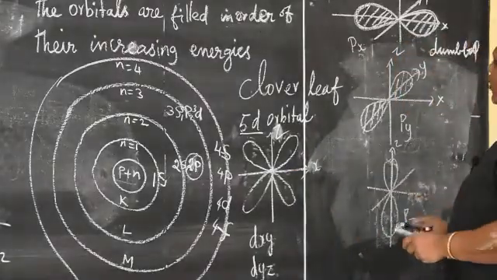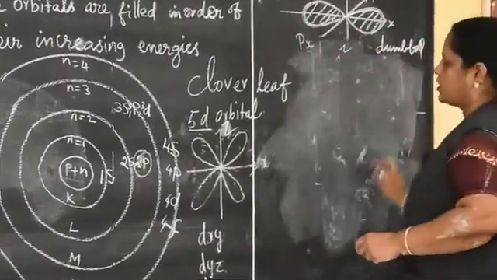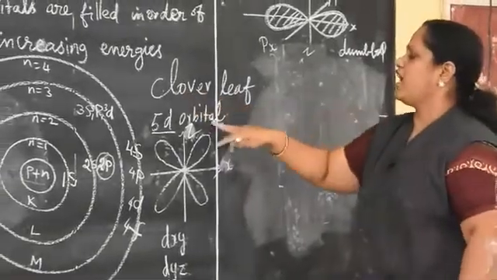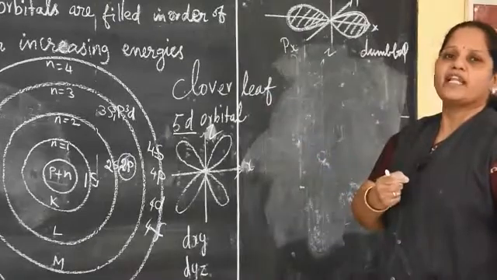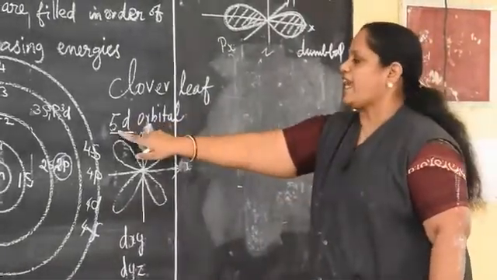Next, we go to the d orbitals. The d orbital shape is clover leaf shape. In total there are 5 d orbitals.